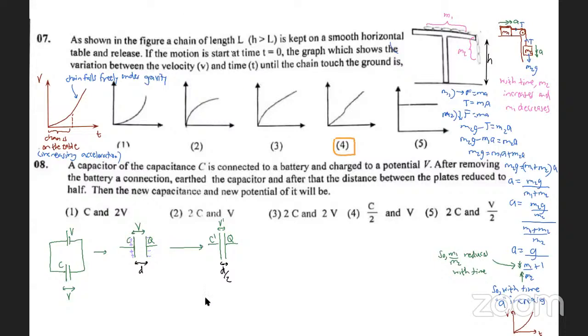Why is charge not going to change, people? Anyone can say the reason for that? These are past paper questions.